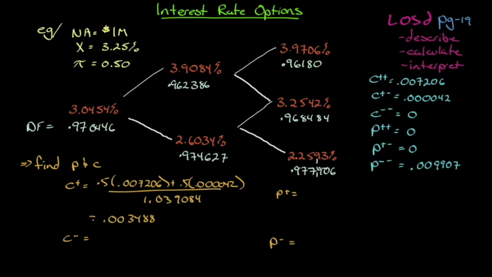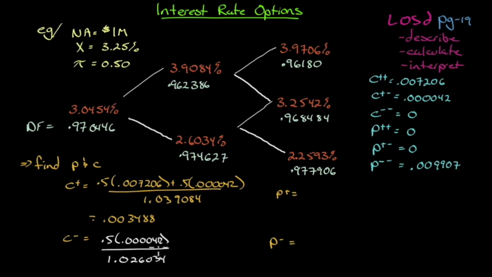For the next one, let me just change color here. We're going to use these two legs right here. So we have 0.5 of our C plus minus, 0.000042, and the C minus minus, the value down here, is 0, divided by, and we're going to use this rate now. Notice, this is the thing that the reading wanted to point out.